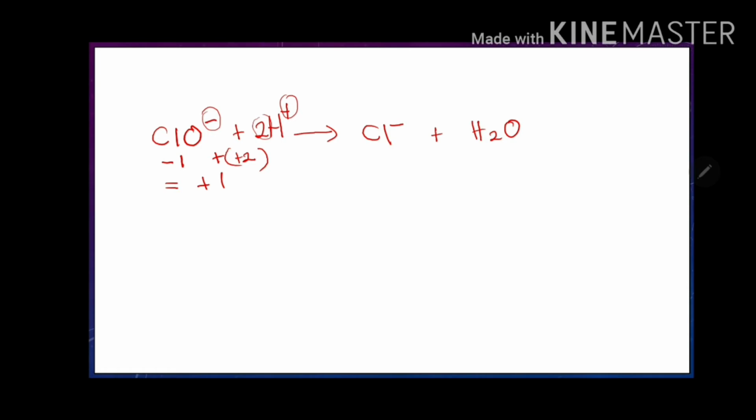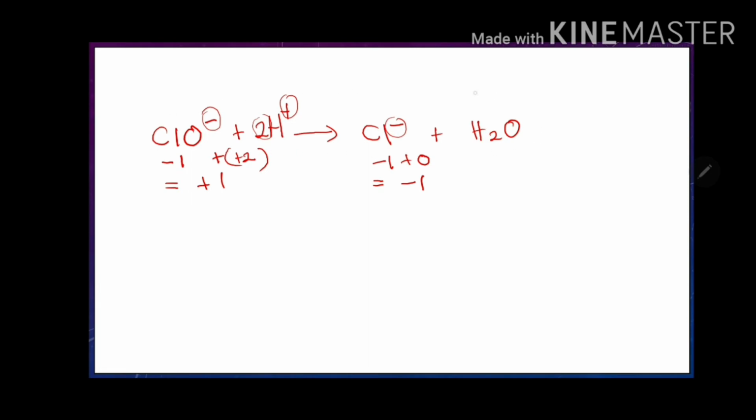So let's calculate the charge on the right side. It is -1 and H2O there is no charge, plus 0. Total up the charge is -1. So now the charge is not balanced left and right because on the left is +1, on the right is -1, meaning this equation is not balanced yet.